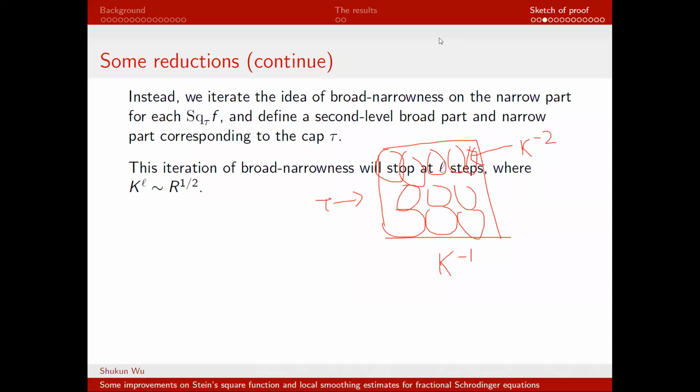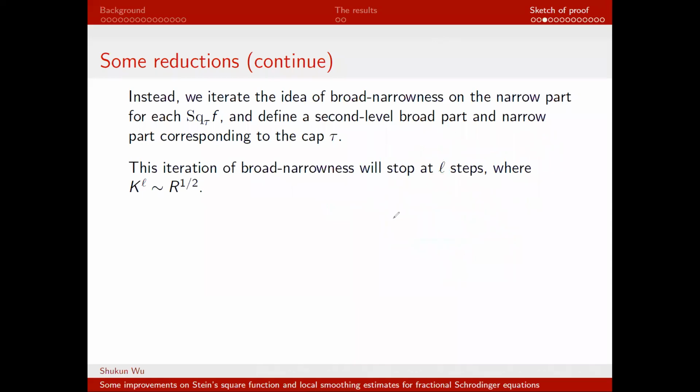We can iterate this idea, and we stop at step L where K to the L equals R to the one half. When our iteration stops, there will be no curvature and everything is flat, so we don't need to do broad-narrow anymore.